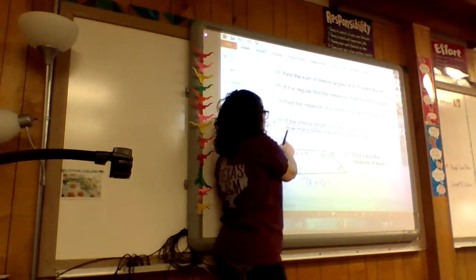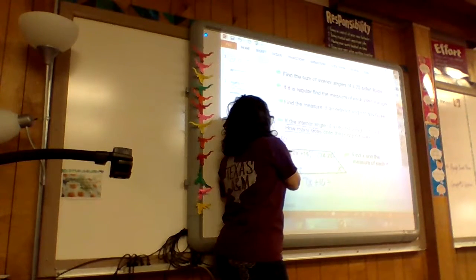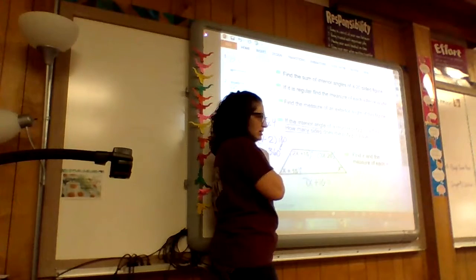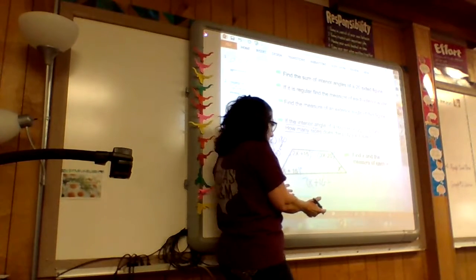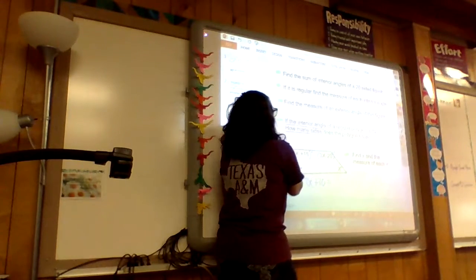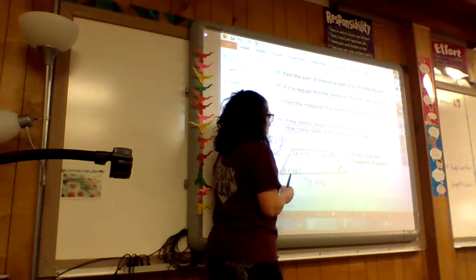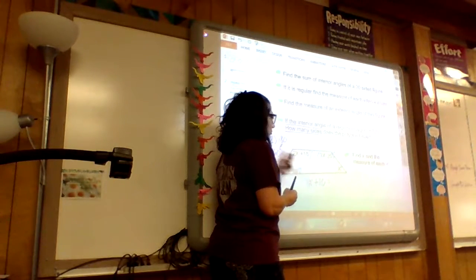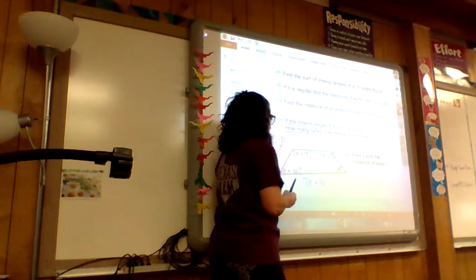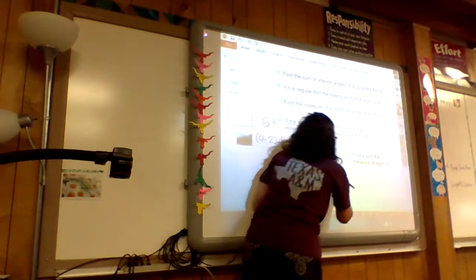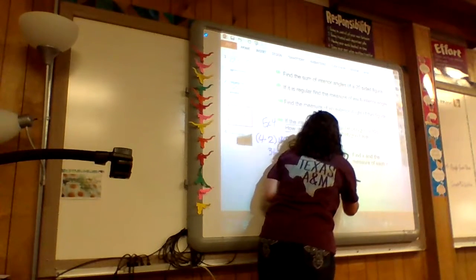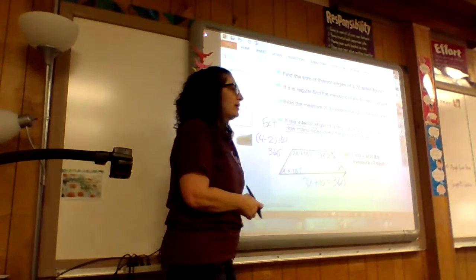So 2 triangles times 180 is 360 degrees. Okay, so what did I just do? I went through my formula to find the total number of angles in a 4-sided figure. Whether I knew it or not, I could find it by this formula. And now all those angles will equal my 360. Now I solve for my x.